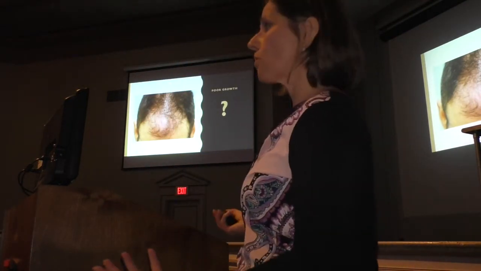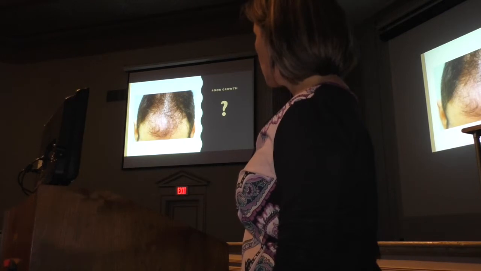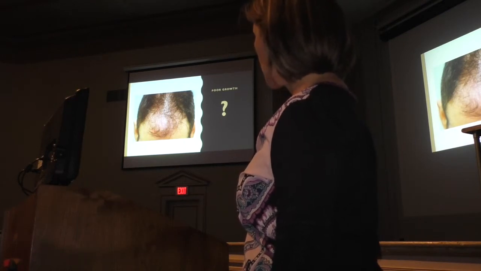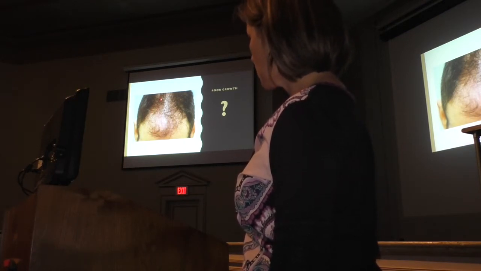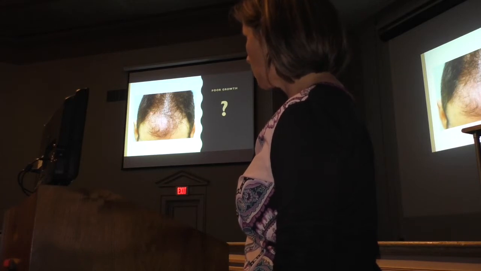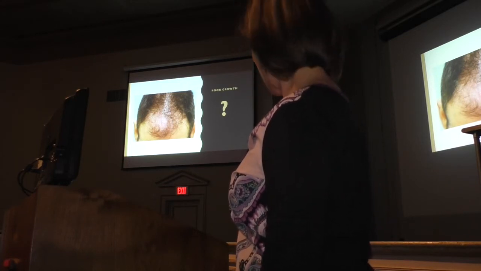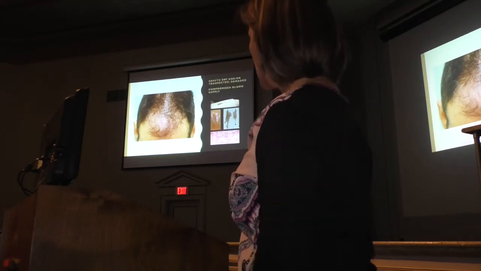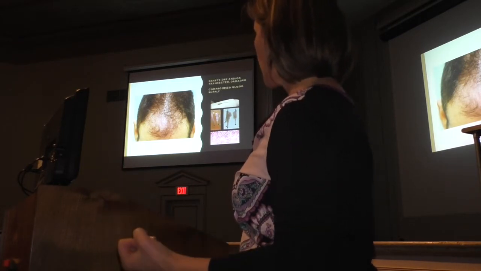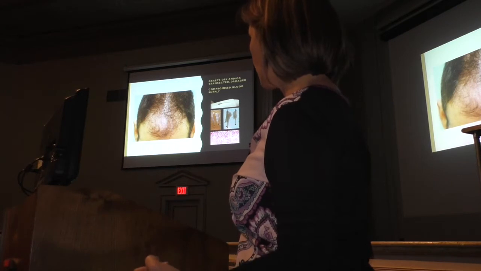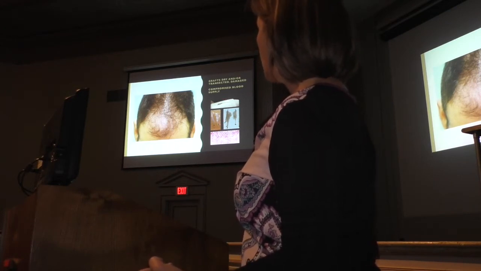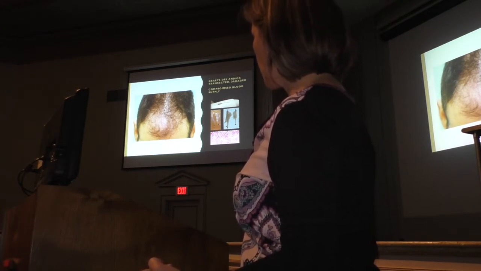So we have a poor growth. One of the things that I'm going to evaluate here: this is the midline, and this side has a little bit less growth than this side, right? So what could it be? It could be the grafts were drying out or being damaged during the graft dissection. So this is during the graft placement.